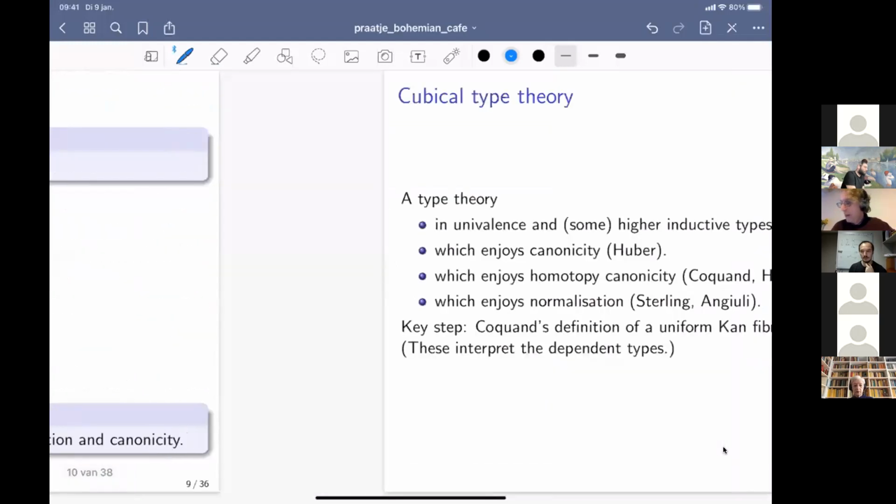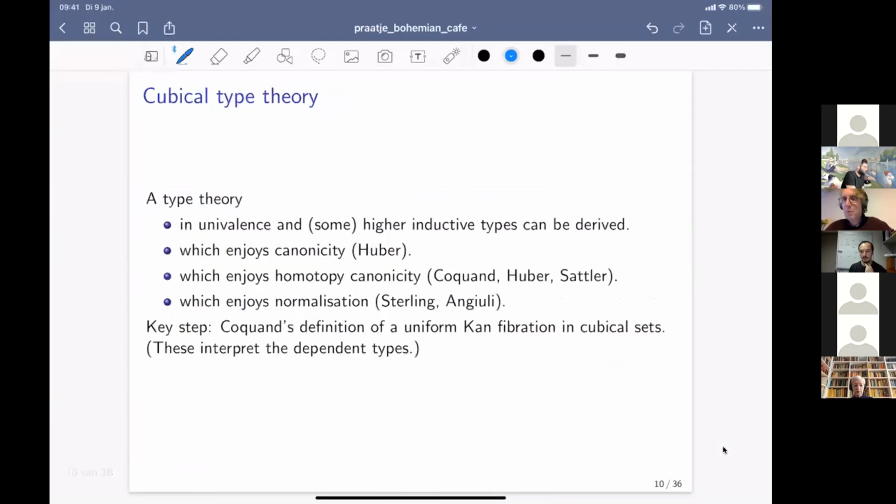And I think right now the preferred solution to this is cubical type theory. That is an extension of Martin-Löf type theory, in which you can actually interpret equivalence, and you can construct certain higher inductive types. And it has these desirable computational properties that I mentioned before, like canonicity.